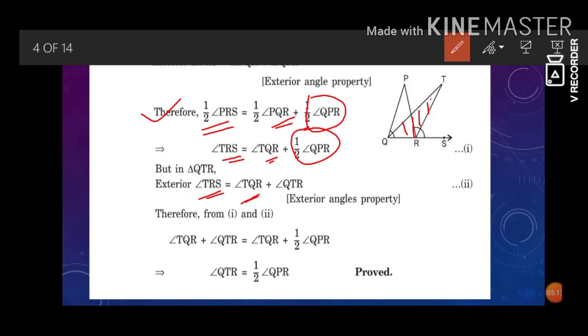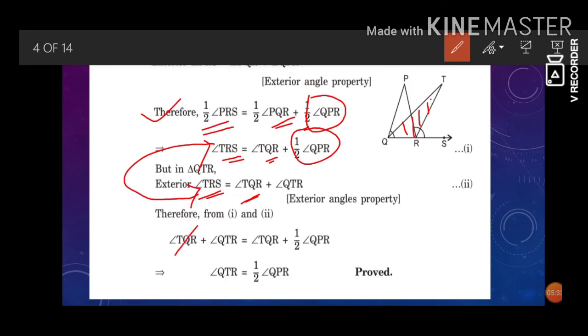Now in both equations, the left hand side is the same, so we will equate only the right hand side. We get TQR + QTR = TQR + half of QPR.